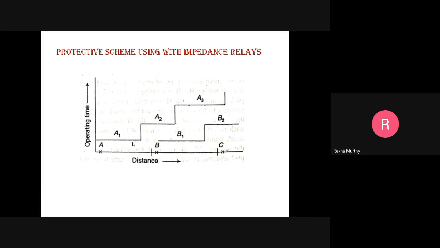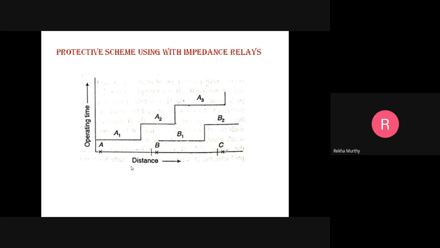If the relay operates for a fault which is beyond the protected line, that phenomenon is called overreach. Overreach may occur mainly due to transients during the fault conditions.